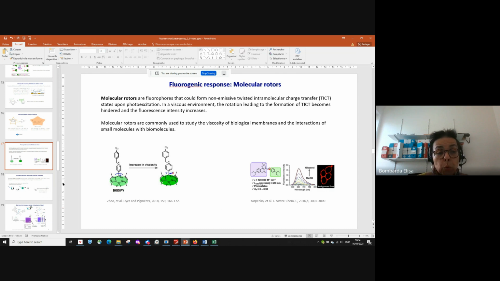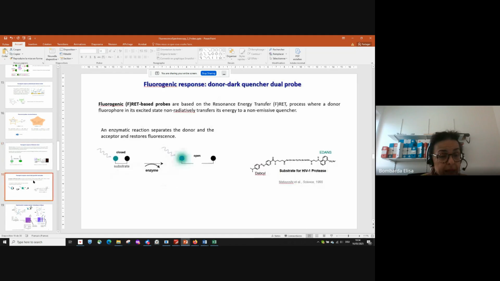An example of another type of probe in the category of fluorogenic probes is a donor dark quencher dual probe, that we also saw yesterday when discussing resonance energy transfer.